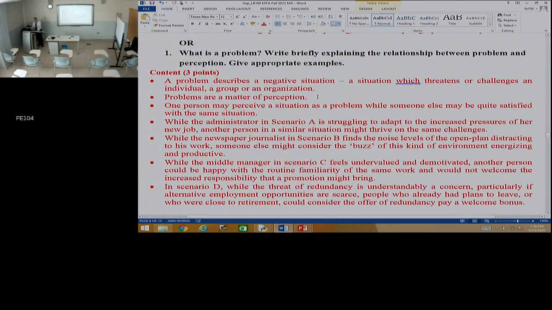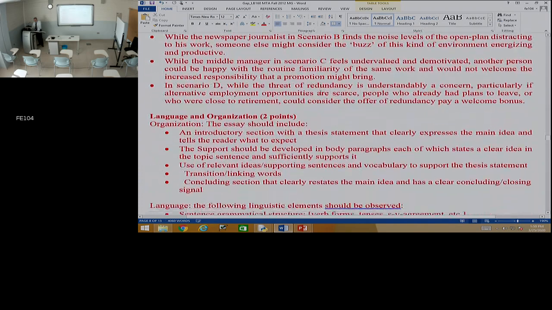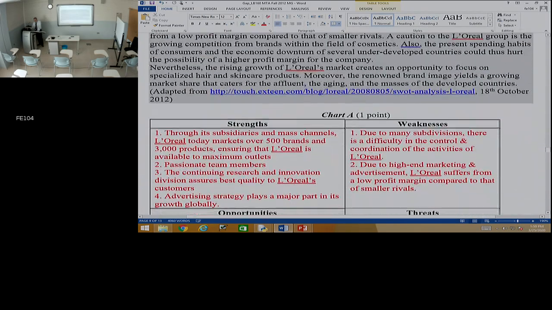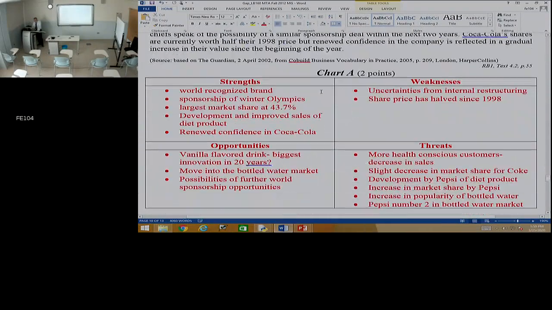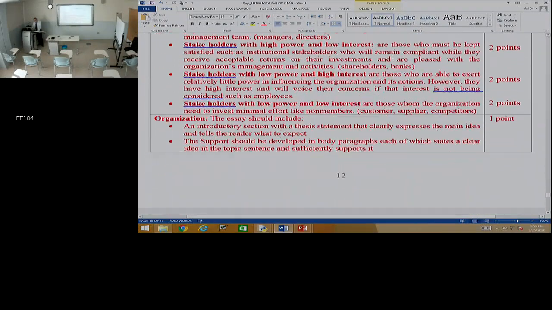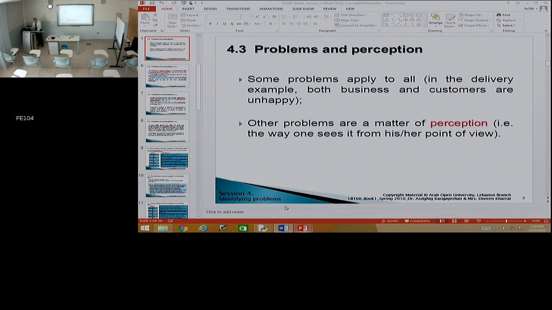Okay? All right? We will discuss the problem and perception, which is the last thing that we need to focus on today. Right. Problem and perception.